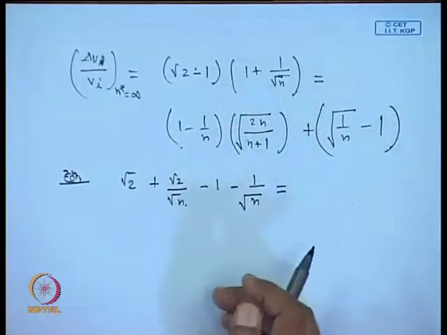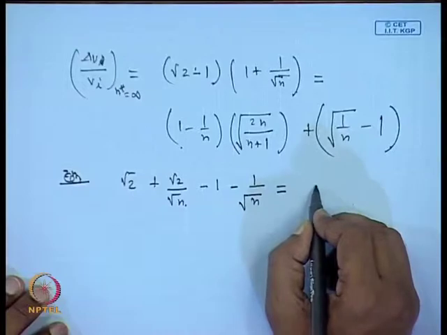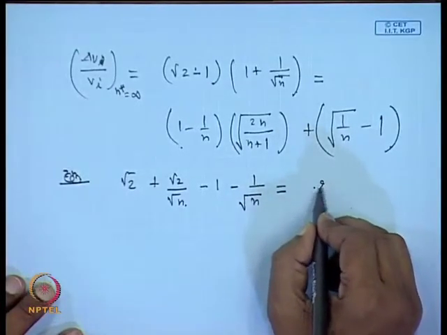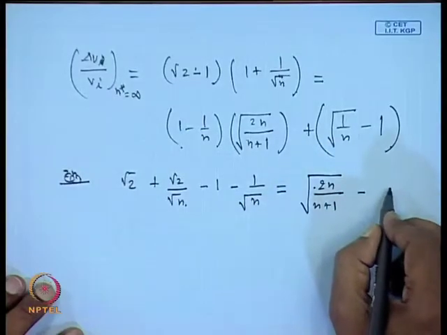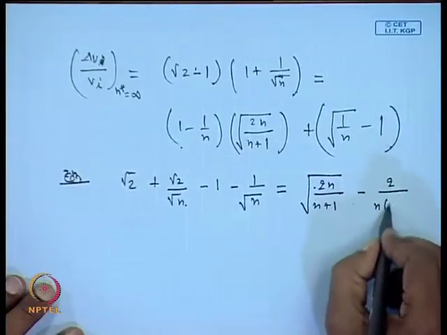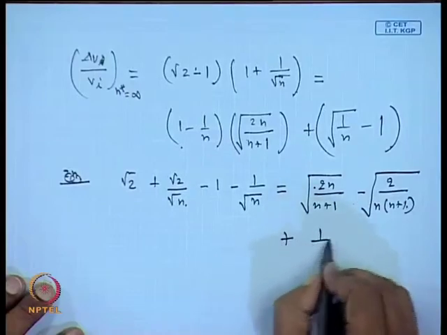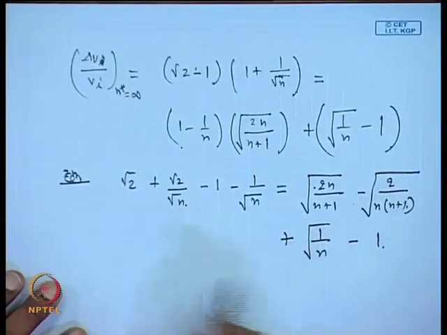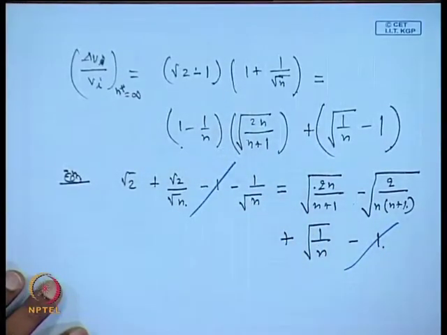Okay, and now expand this. So, this becomes 2 n by n plus 1 under root minus 2 by n times n plus 1 under root plus 1 by n under root minus 1. So, these two terms, this and this, they cancel out.